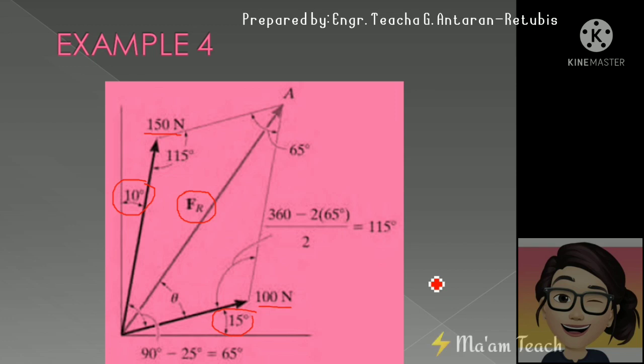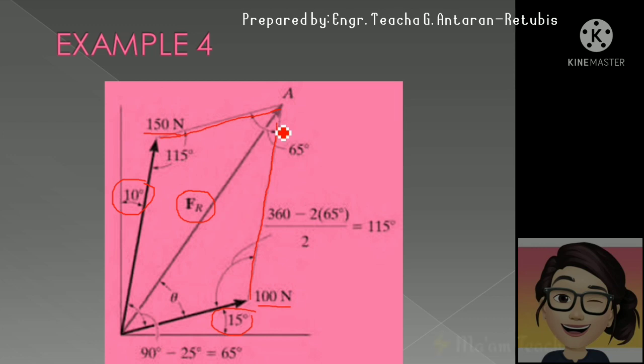In order to draw a parallelogram, let's make a line parallel to our 100 Newton, and here it is. On the 150 Newton, the parallel side is this one, forming a parallelogram. The diagonal of that parallelogram represents our F sub r.